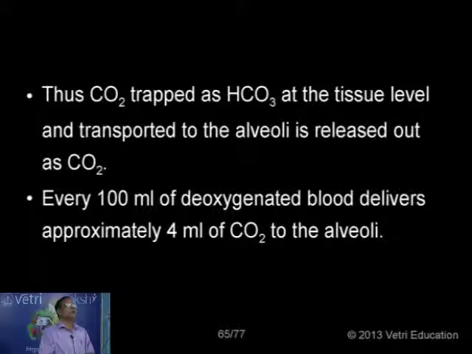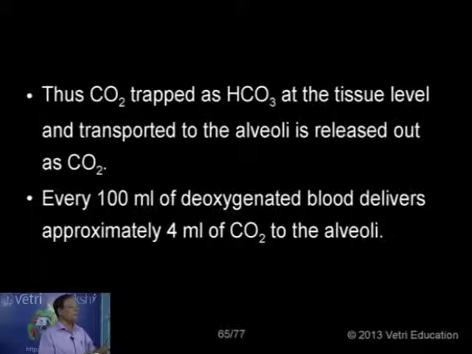I mentioned already, 100 ml of oxygenated blood delivers 5 ml of oxygen to the tissues. Not all the 19.4 ml of oxygen is delivered to the tissues, only 5 ml of oxygen is delivered by 100 ml of oxygenated blood.